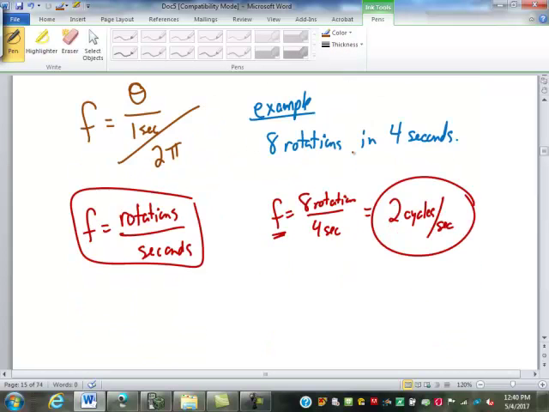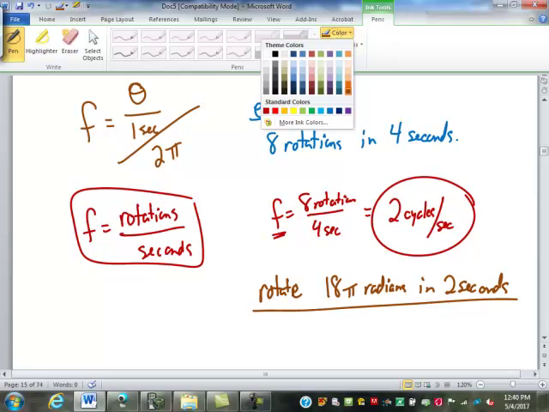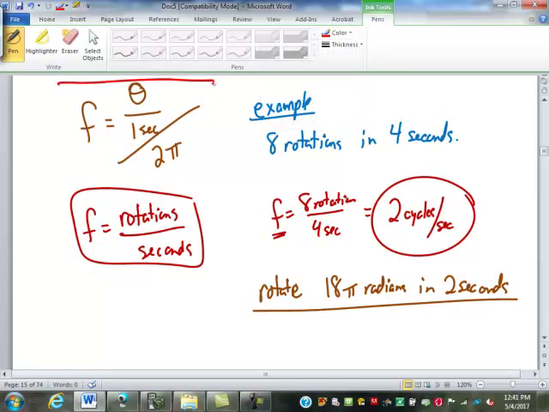If I gave you the example, oh, we're going to rotate 18 pi radians in 2 seconds. That's going to use this top formula up here. The frequency is going to be found by taking that angle 18 pi radians divided by the number of seconds. This is radians in a single second. Well, this is 2 seconds, so we're going to have to divide by the 2 seconds.